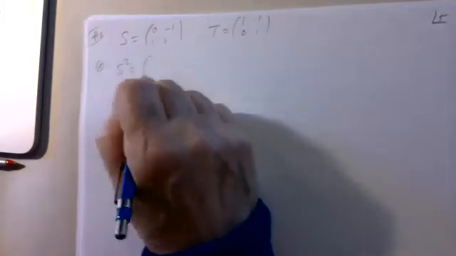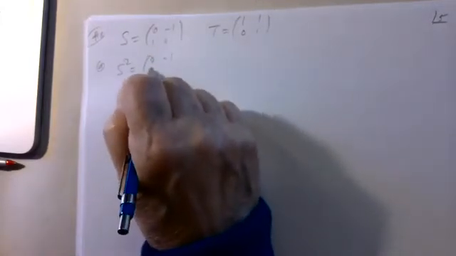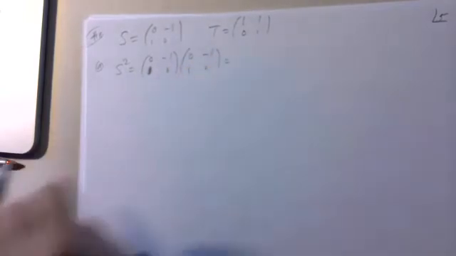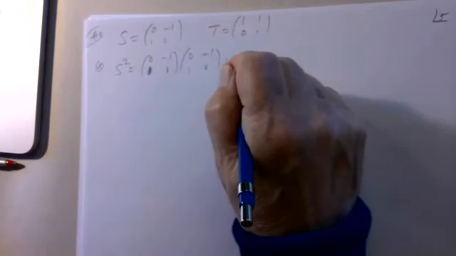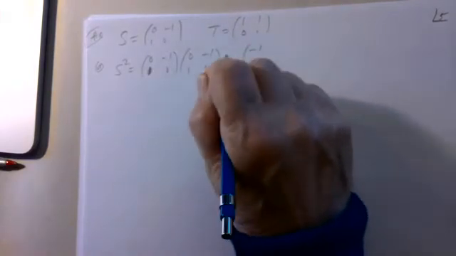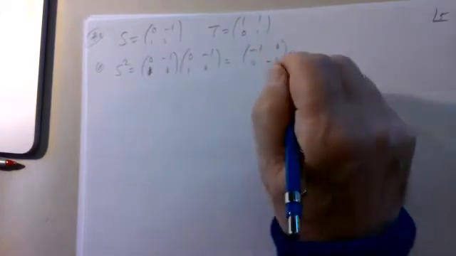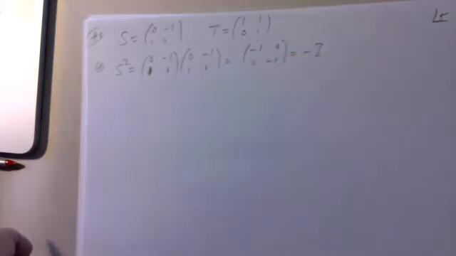So what is S squared? You multiply S by itself, you get -1, 0, 0, -1, or minus the identity.